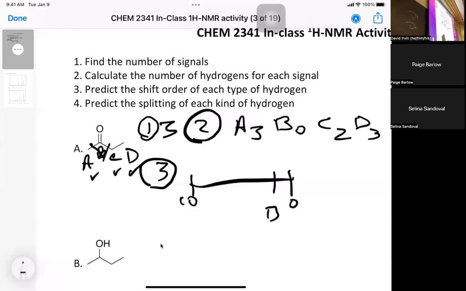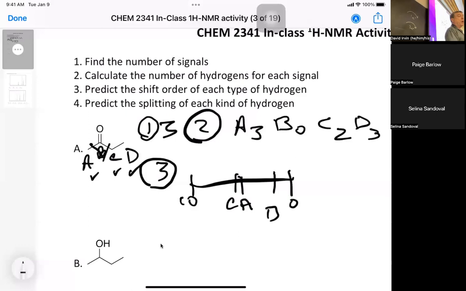Now, remember, when we talked about stuff being upfield, 3 hydrogens was further upfield than 2 hydrogens, which was further upfield than 1 hydrogen. So which is going to be further downfield? C. So we can say that C is going to be here and A is going to be right next to it, but a little bit over.